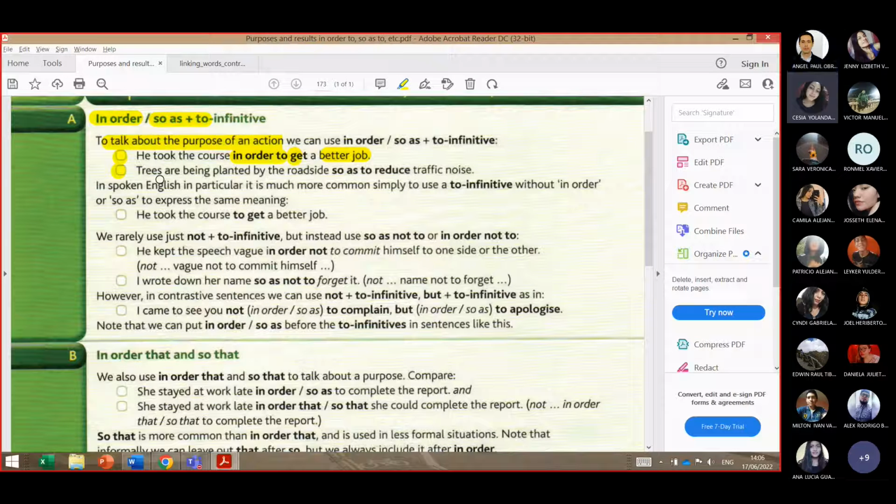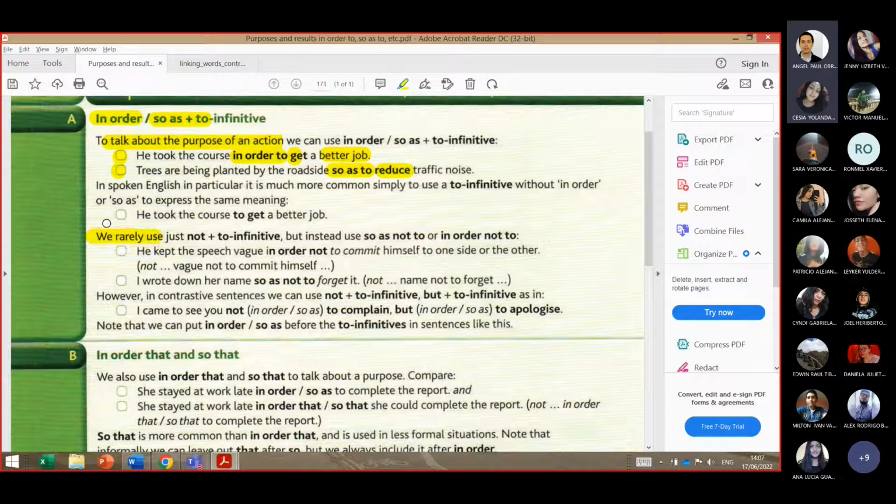Trees are being planted by the roadside so as to reduce traffic noise. Okay, so as you can see, we're using here the infinitive with so as to. So we're going to see some similarities and differences between these two.